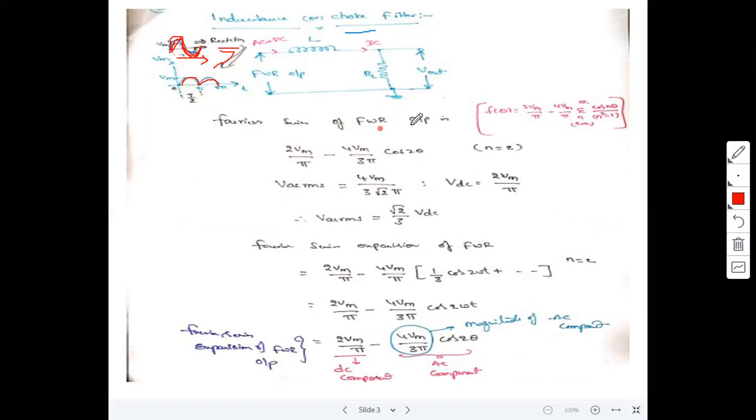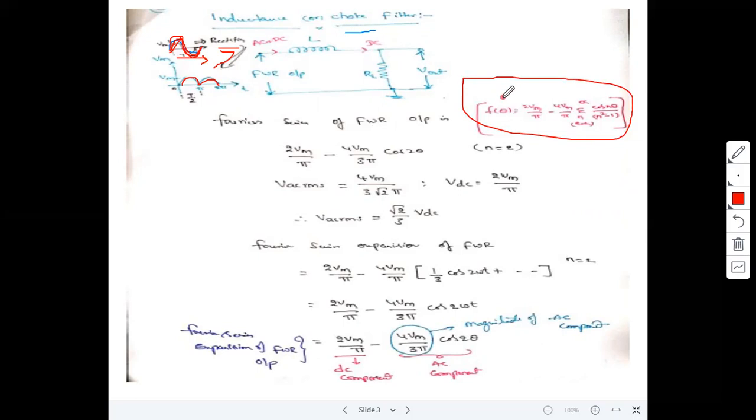In the previous class we already derived that the full wave rectifier output contains an AC component and a DC component. This is taken from signals and systems.